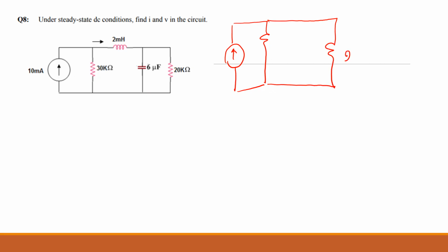Is this what you have? Is this right? Anyone got anything else?